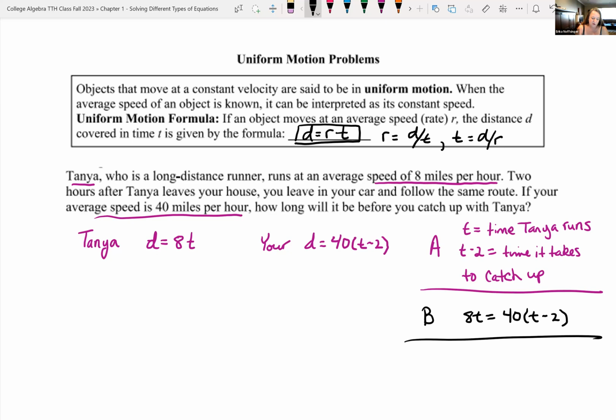So now I have my equation to help me solve this. So let me just write it out here and solve. So I have 8t is equal to, distributing my 40 inside the parentheses, 40t minus 40 times 2, so minus 80. Let's get t by itself. So let's subtract 40t on both sides of the equation.